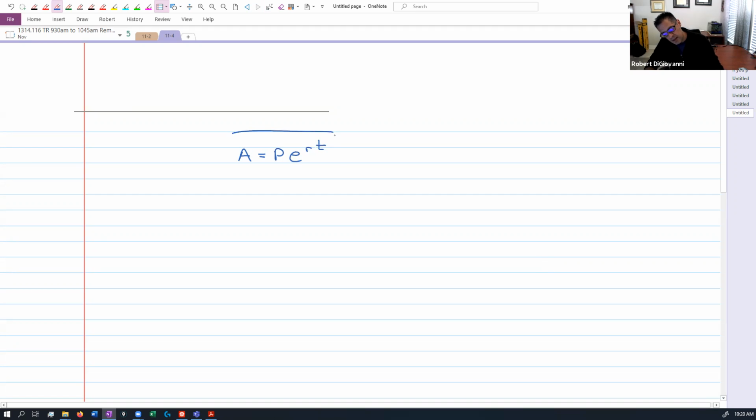This is the simple interest formula. That's one example of where exponential functions come into the real world. You want to figure out how much money is in an account after a certain amount of time at a specific interest rate. But exponential functions come into play in a lot of different places.